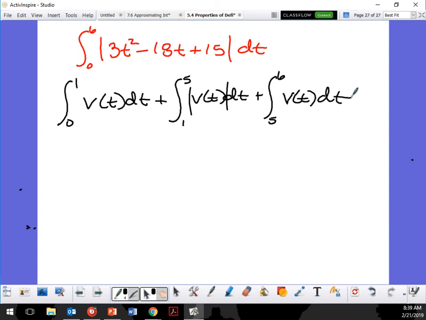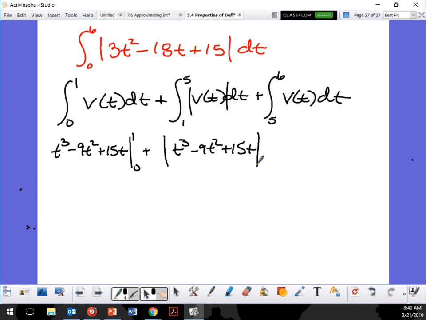So we did the integration earlier, so it came out to be, what was it? It was t cubed minus 9t squared plus 15t from 0 to 1, plus the absolute value of t cubed minus 9t squared plus 15t. So the absolute value is not changing anything in finding the antiderivative.